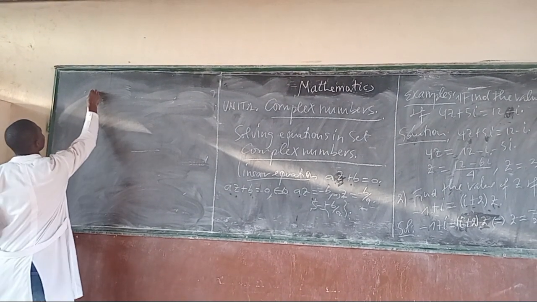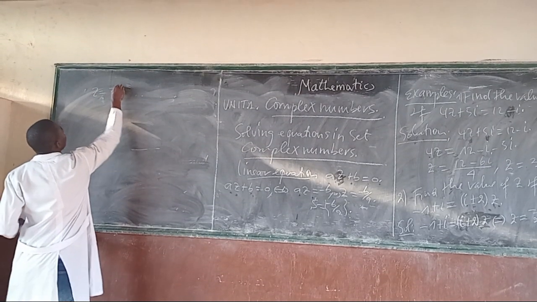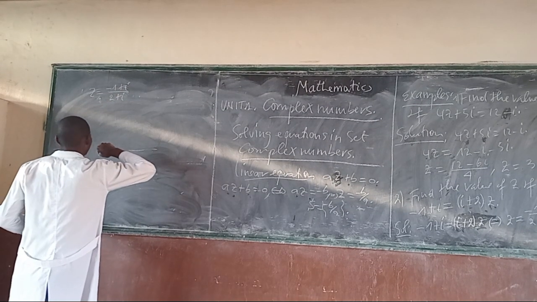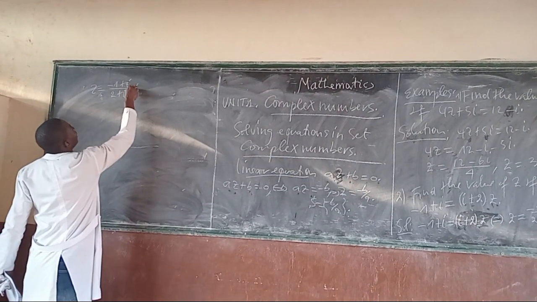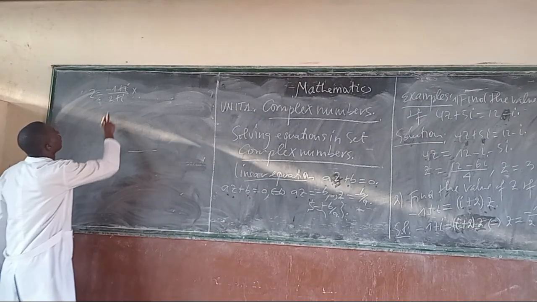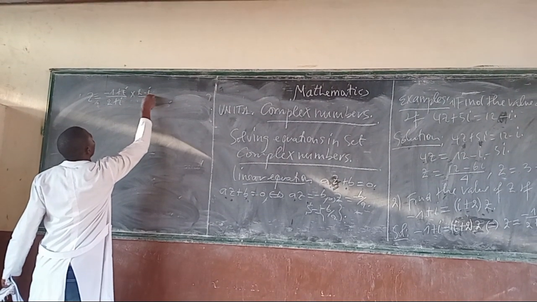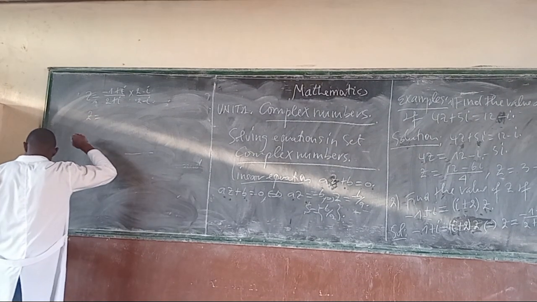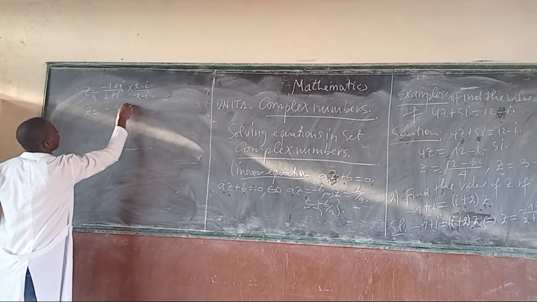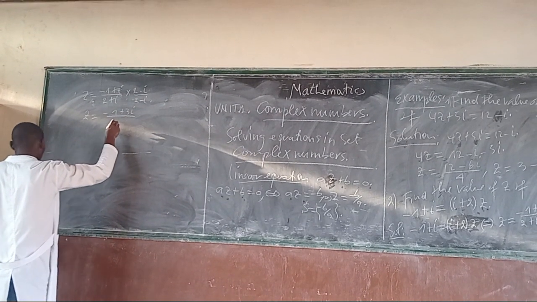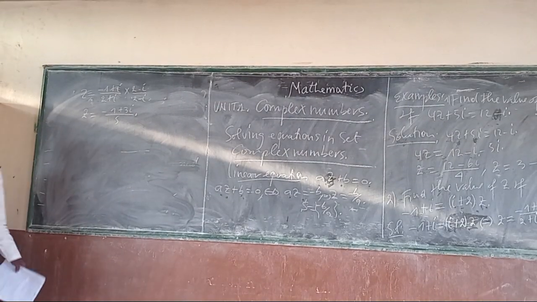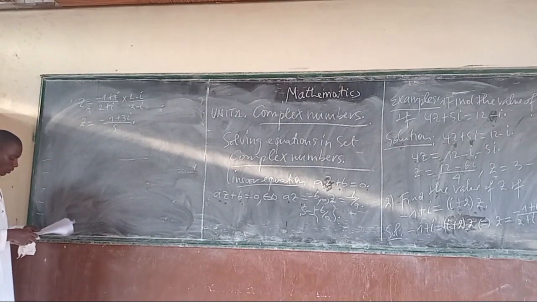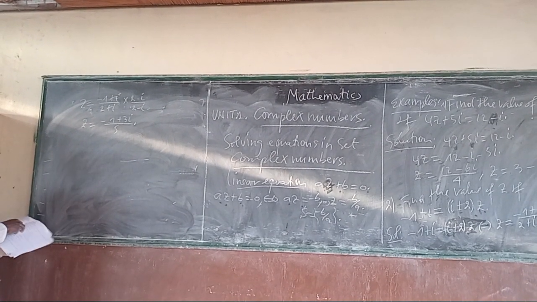Where z is equal to negative 1 plus i over 2 plus i, you have to multiply by the conjugate of this denominator, where you have 2 minus i over 2 minus i. Finally, if you solve this clearly, you will find that it is negative 1 plus 3i over 5. And this is the value of our z. So that is about the linear equations.